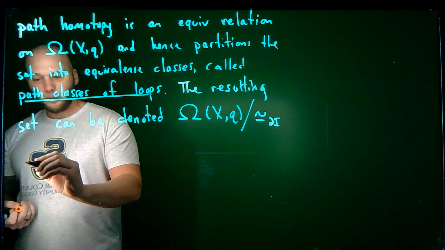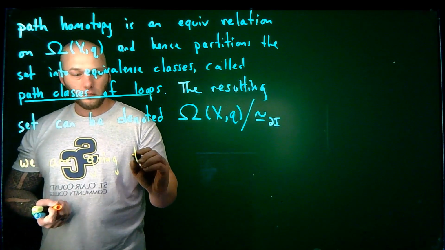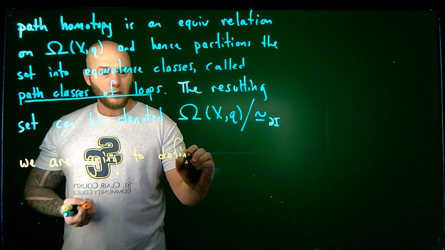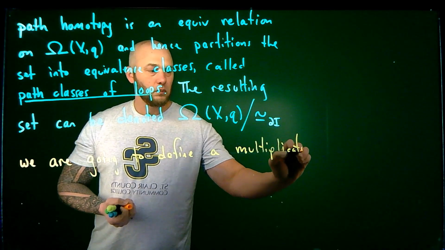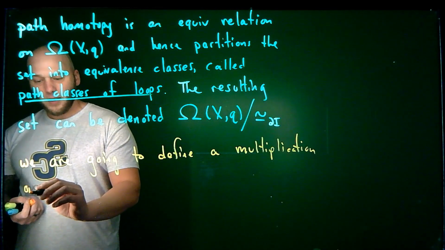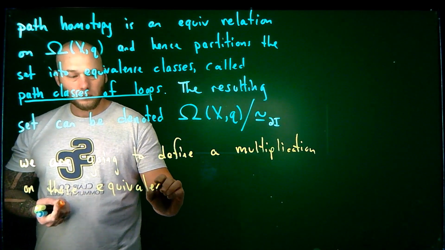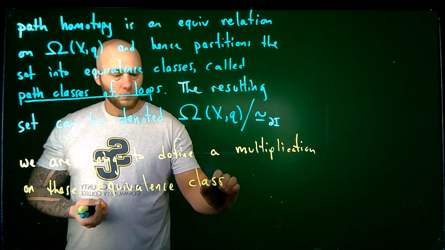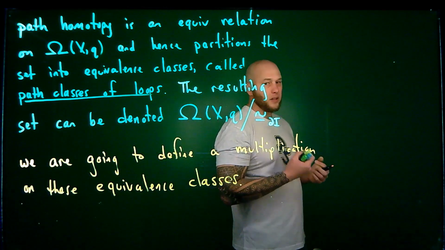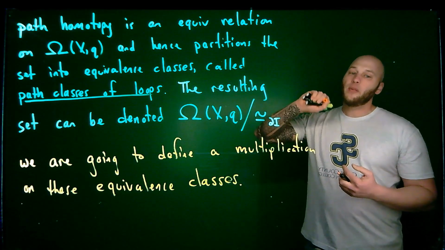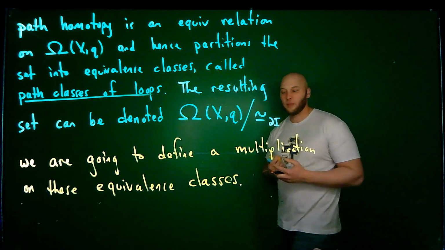We are going to define a multiplication on these equivalence classes that will then lead into something called, well, wait till the next video. It's going to be extremely important.